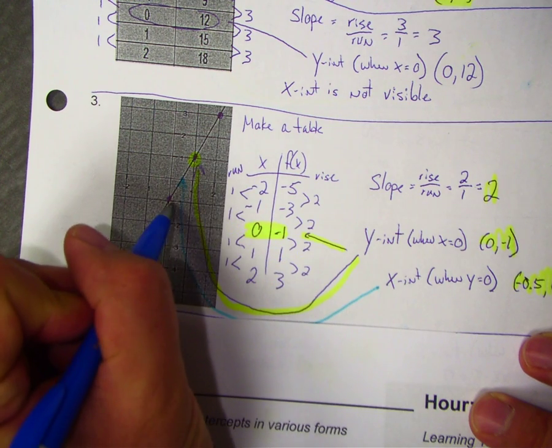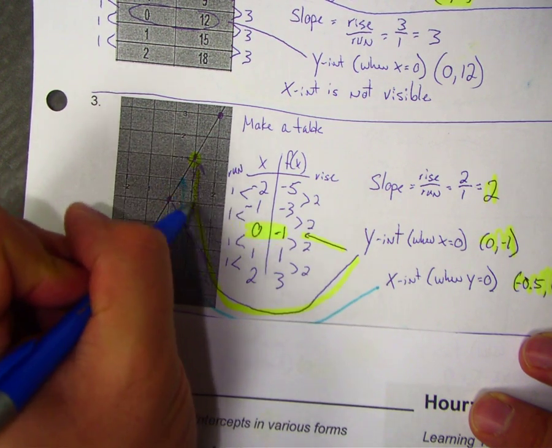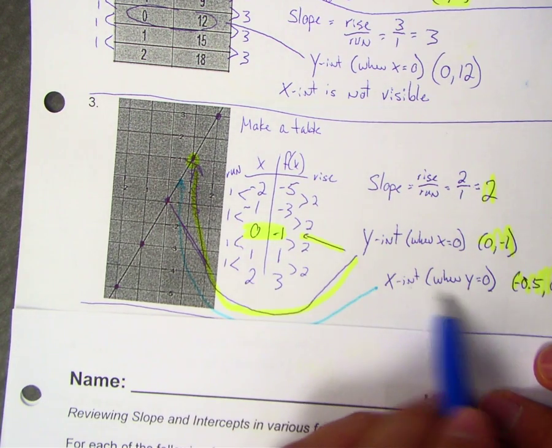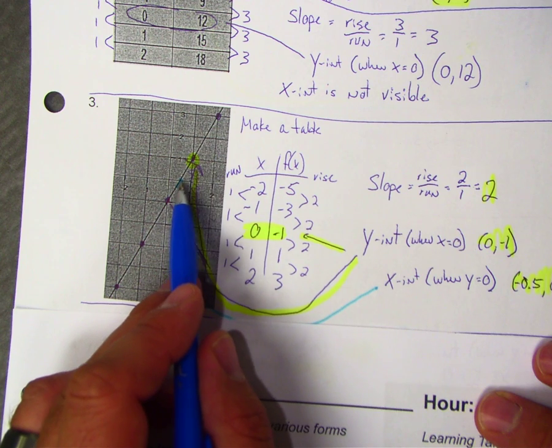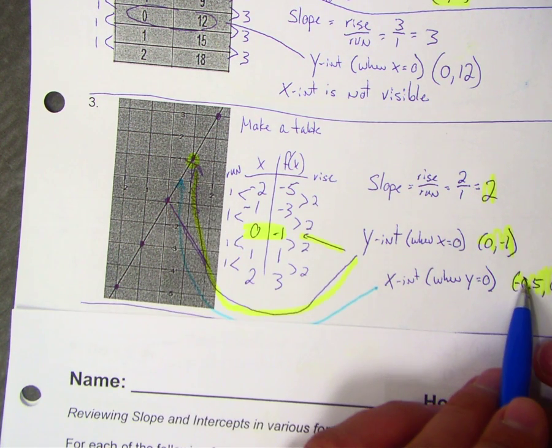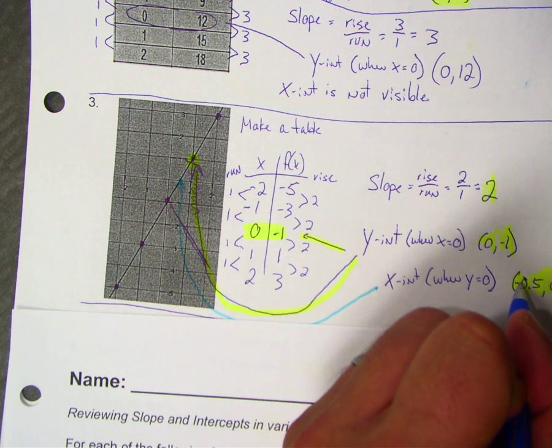I'm sorry, in the graph it's supposed to be right here, not right here, at (0, negative 1). And then our x-intercept is a little bit hard to see, but our x-intercept is when y is 0, and our x-intercept is going to be at (negative 0.5, 0). That's actually positive 0.5. Sorry about that.